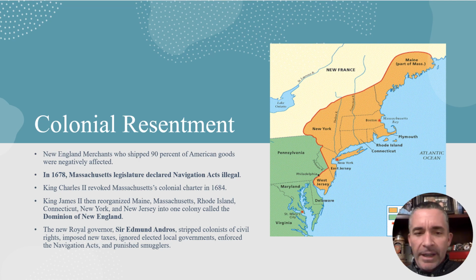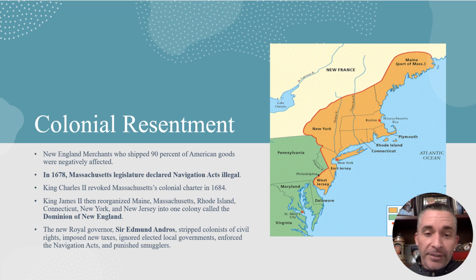So in 1678, the Massachusetts legislature, which was dominated by New England merchants, declared that the navigation acts were illegal, and King James II responded by revoking Massachusetts's charter.